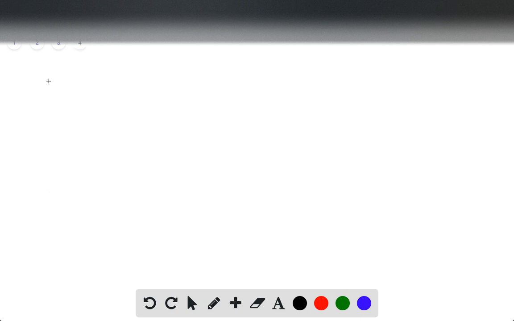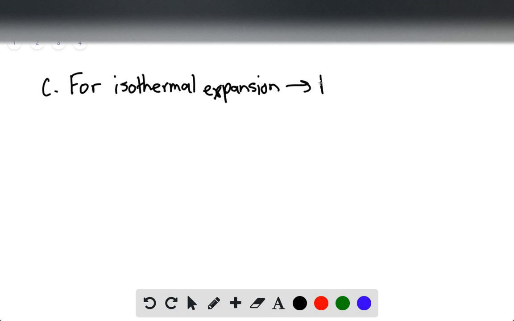So for part C, it's asking us to draw the process B on the graph. So for isothermal expansion, we can say that pressure is going to be inversely proportional to the volume.